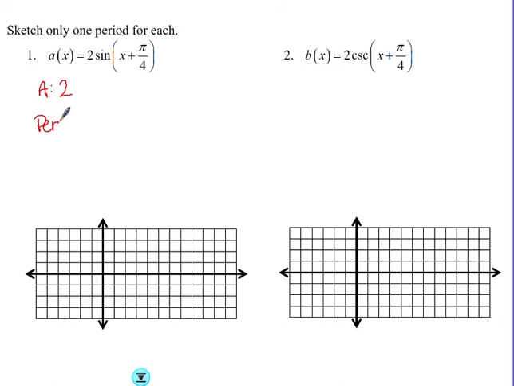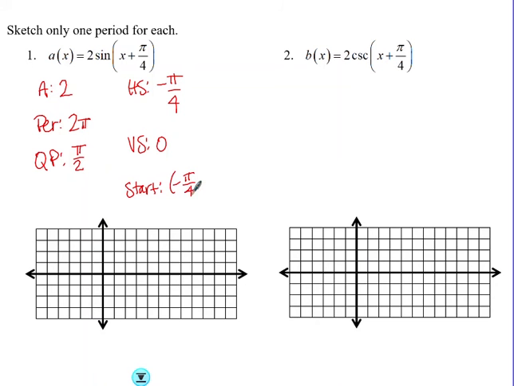The period is going to be 2 pi because b is 1, so that means our quarter period is pi over 2. The horizontal shift is going to be negative pi over 4 divided by 1, so negative pi over 4. Our vertical shift is 0. So our starting point for the graph is negative pi over 4, 0.